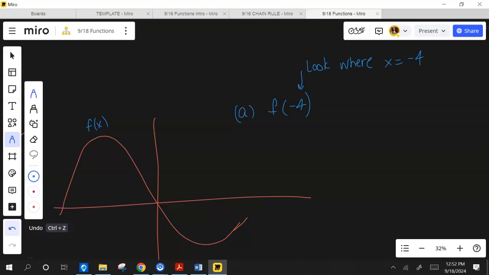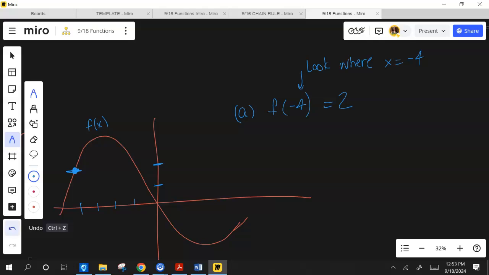Look at the graph that you have. Where is x negative 4? What is the y value that goes with negative 4? 2. Why? Because if you look, it looks like it goes up to 2.